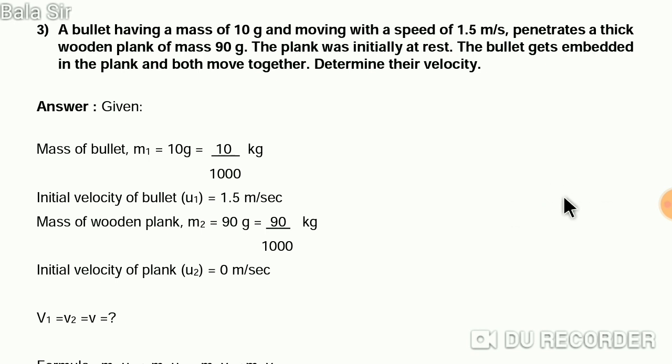Just think for some time, when a bullet is hitting some wood, the wood is also moving with the same speed as the bullet. So that we call the final velocity. The final velocity for the bullet is V1 and for the plank is V2. So V1 and V2 are both equal. So I have written here V1 equal to V2 is equal to V, which we want to find.